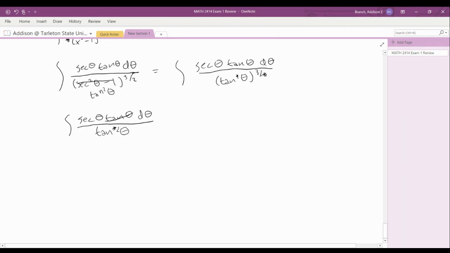So now we have secant theta over tangent squared of theta, and that could be equal to secant times cotangent squared. For this one, this doesn't quite match any of our identities from 7.2, because we'd either need a secant tangent or a cosecant cotangent. But we can still play with this and see if we can figure out anything.